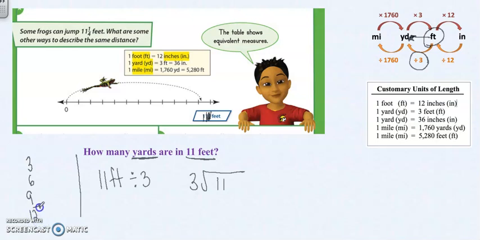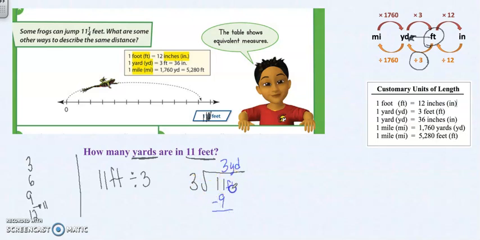Well, 11 is right here. So that means there are 3 whole groups of 3, 3 whole yards in 11 feet.